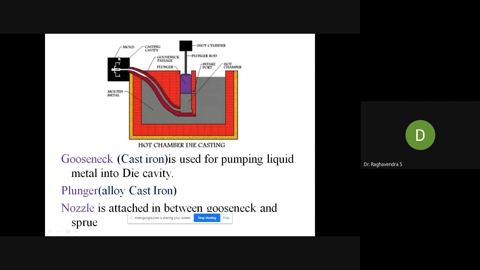Hot chamber means the furnace is very near to the mold, just adjacent to the mold. In the hot chamber process, it keeps on melting the metal, and once this push cylinder plunges, it pumps the molten metal into the mold cavities, then they take the components.